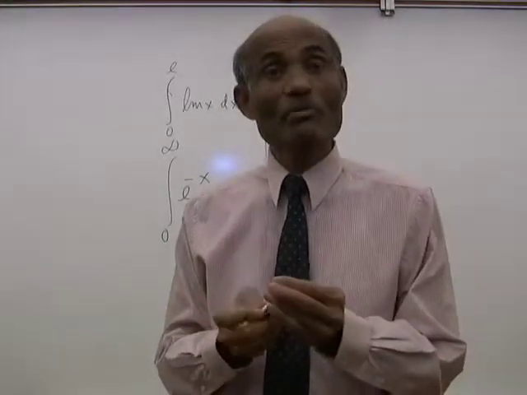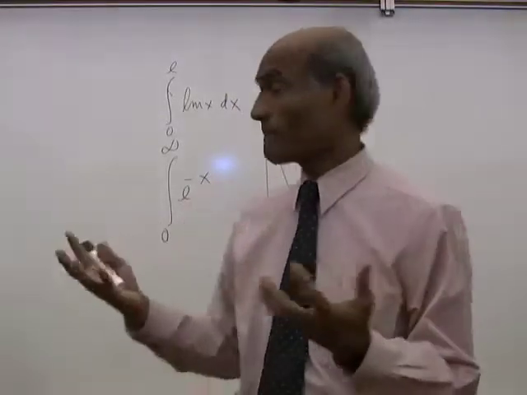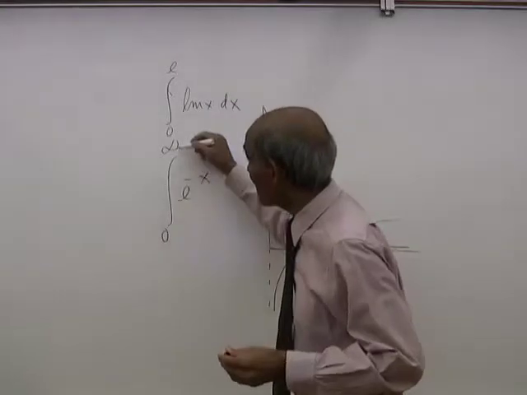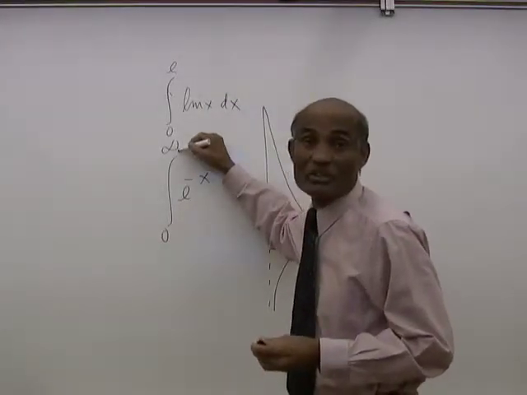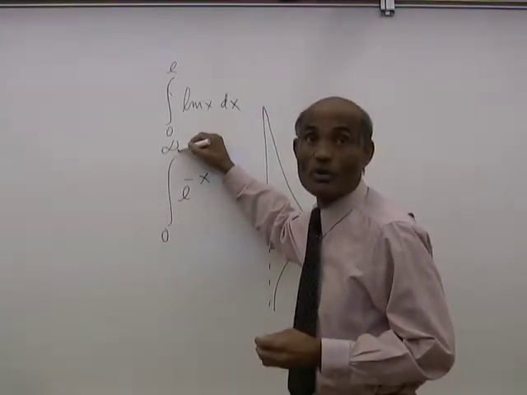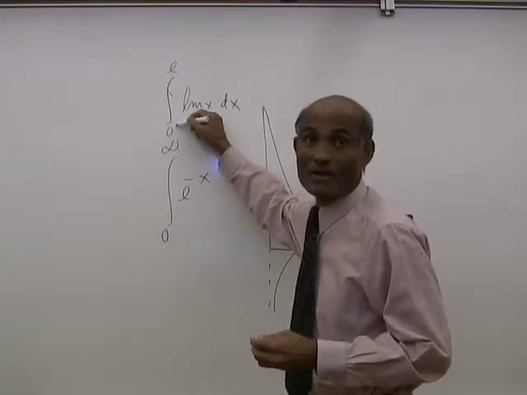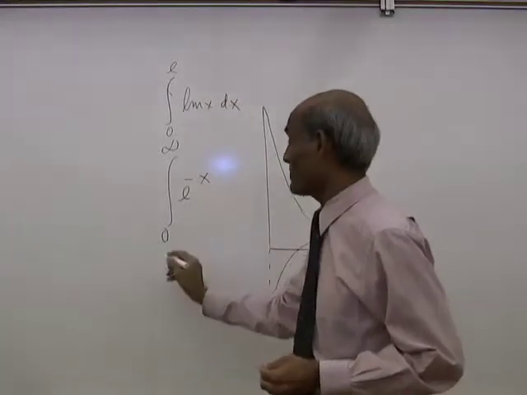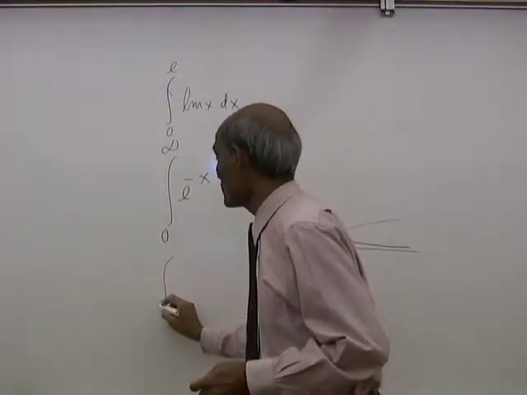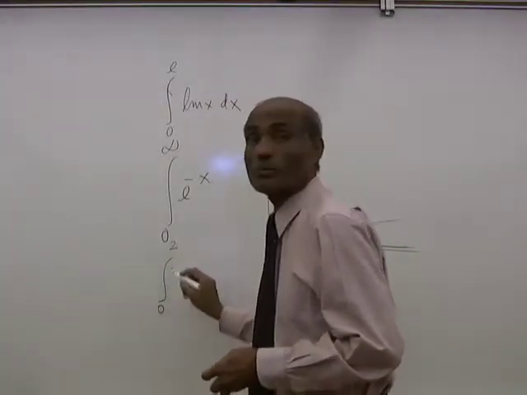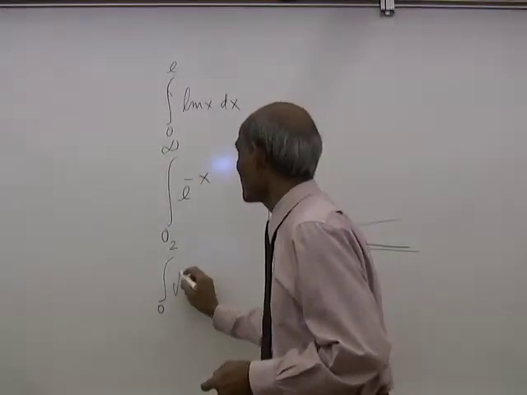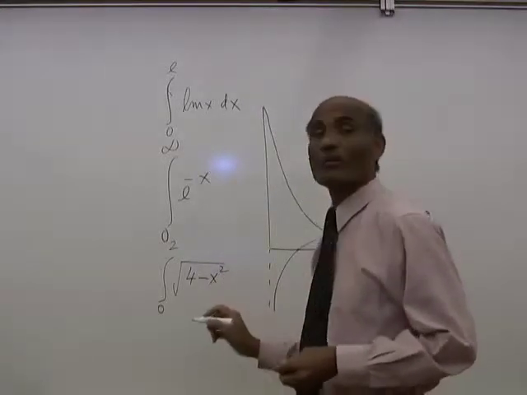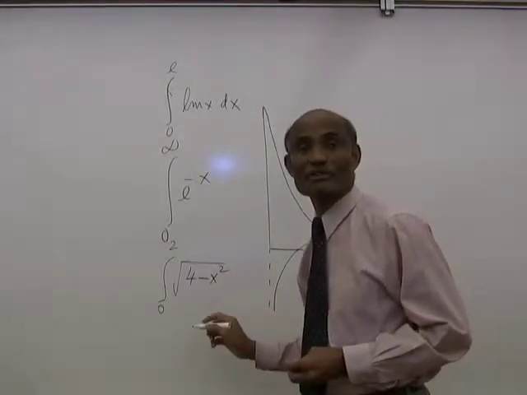So, an improper integral is actually an integral that has, say, infinity as one of the limits, or at one of the limits the function is undefined. For example, if I want the integral from 0 to 2 of 1 over square root of 4 minus x squared, what is improper about this?